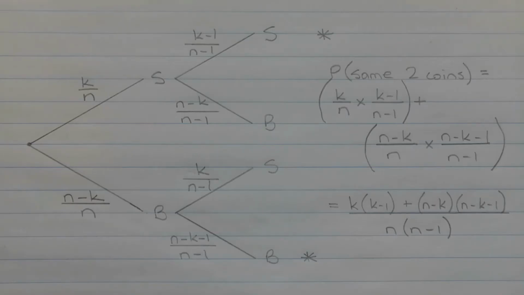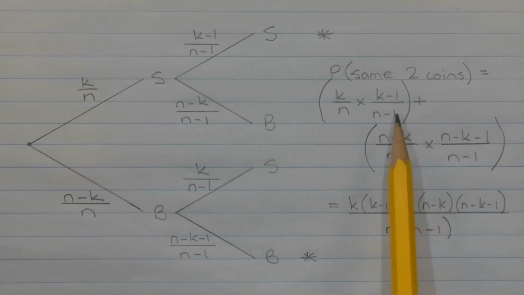Now the two outcomes that we're interested in are the two silver coins and the two bronze coins. So silver, silver, or bronze, bronze. So the probability of drawing the same two coins is equal to k over n times k minus 1 over n minus 1. So we're multiplying along the relevant branches in this tree diagram, plus n minus k over n times n minus k minus 1 over n minus 1.